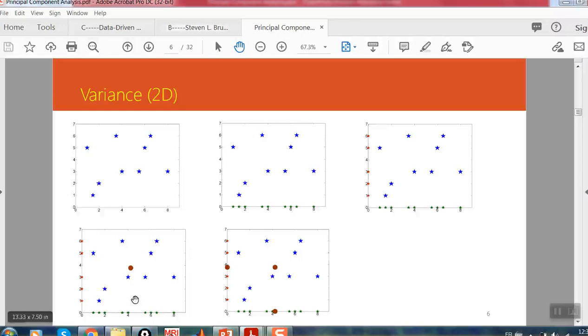On the other hand, we can calculate the mean of these blue stars, and the mean of them is this red circle. Then the mean can also be projected along the x direction and along the y direction.